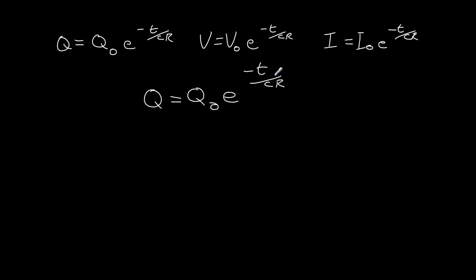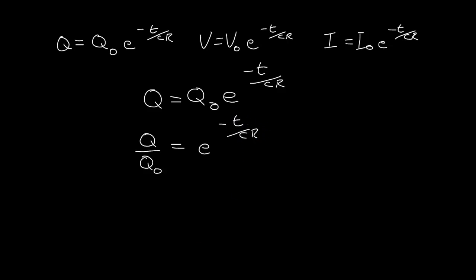So, in fact, just before we take the logarithms, I'm just going to rearrange this, and that's going to say that Q over Q naught, so basically the ratio of how much charge we've got left compared to what we started with, is going to equal e to the minus t over CR.